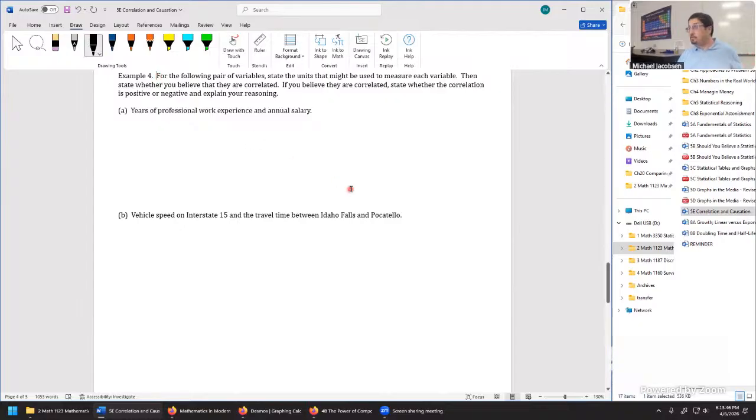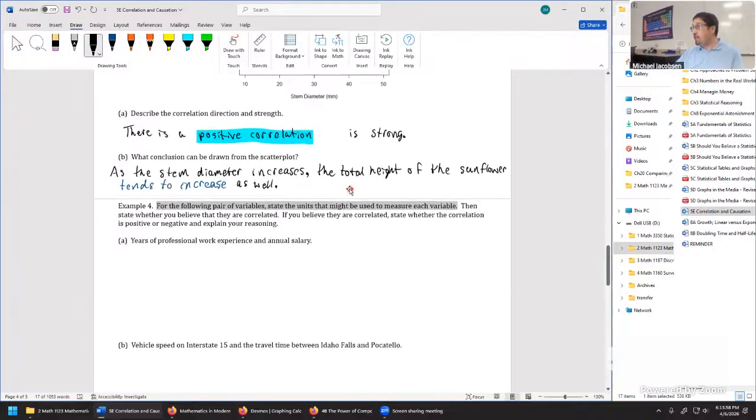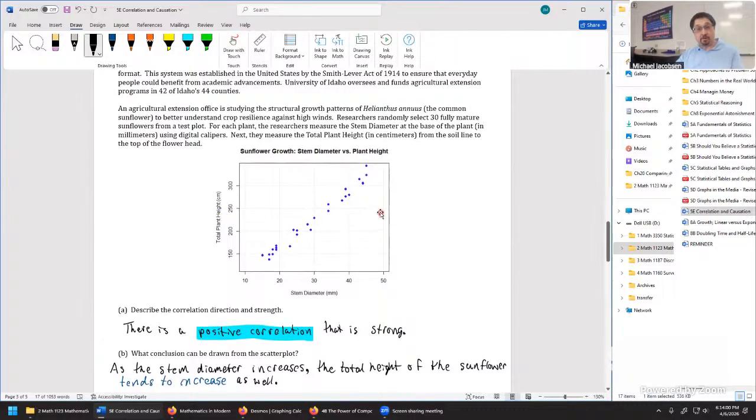It says, for the following pairs of variables, state the units that might be used to measure each variable. That's us convincing ourselves that they're really quantitative variables. These are quantitative variables. You can fit them in a scatter plot and talk about correlation, but it also means there's got to be a unit, like millimeters here, centimeters here, a unit of some kind.